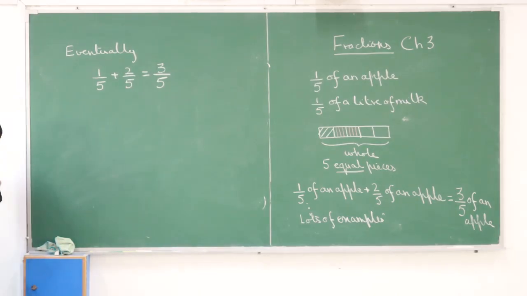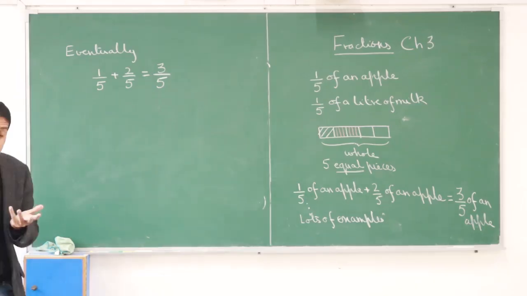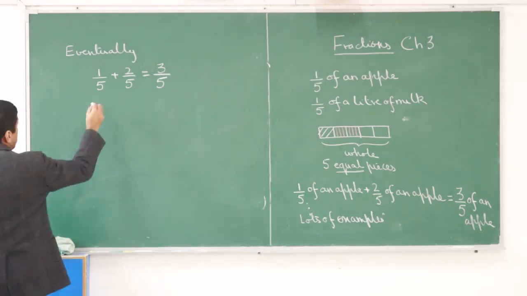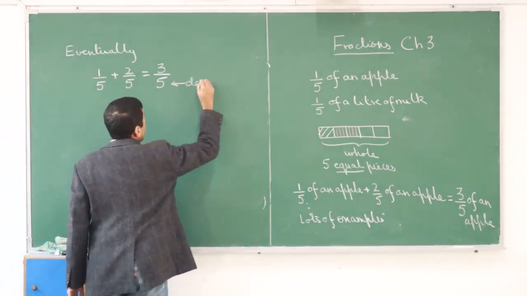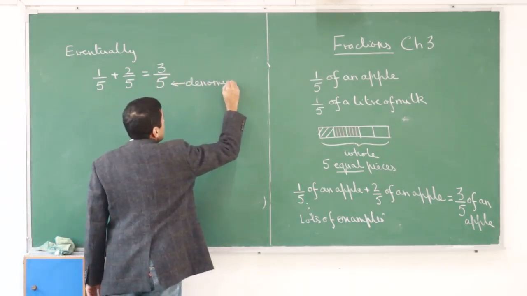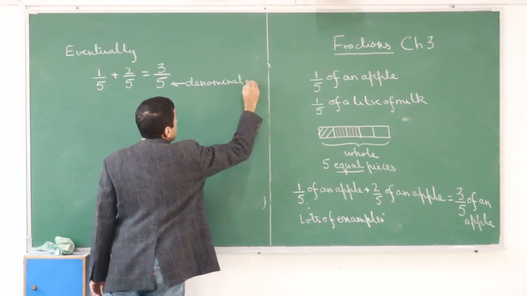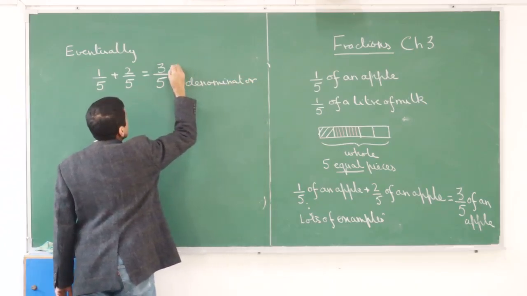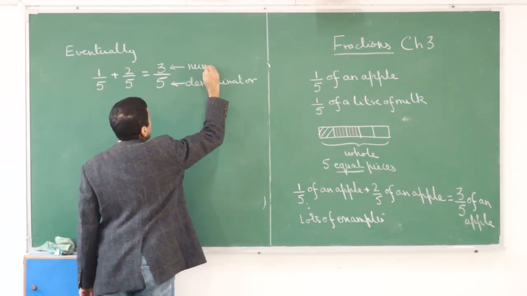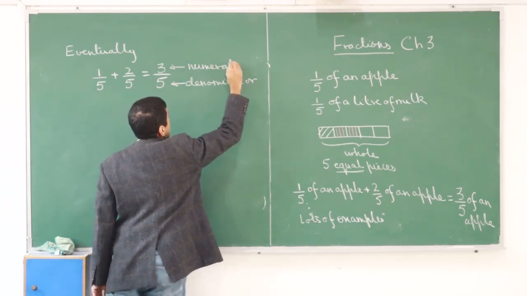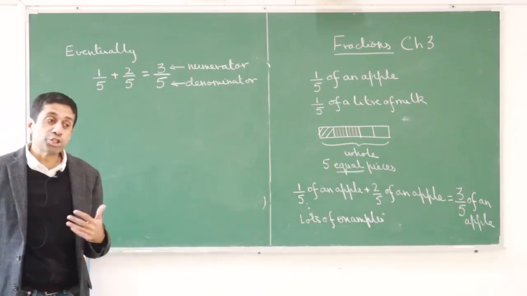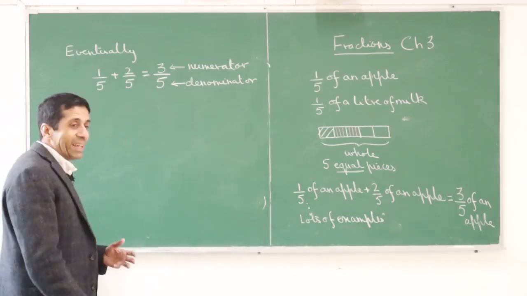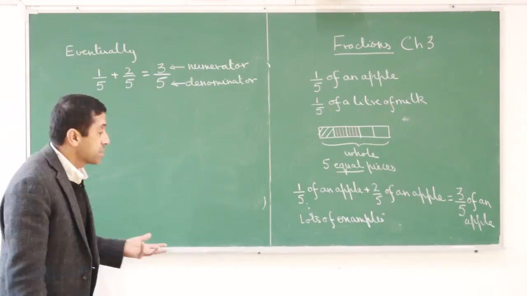Okay? So now we can add fractions with the same denominator. This is called, remember, I think you've seen this before, this is called the denominator, and we'll see why it's called a denominator, and this is called a numerator. Now remember, denominator is coming from denomination, so we are counting fifths like apples.